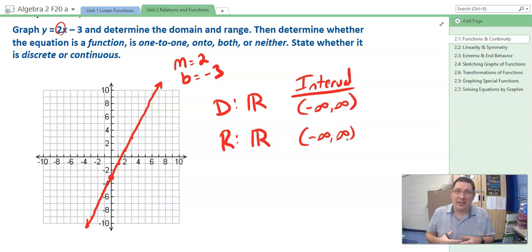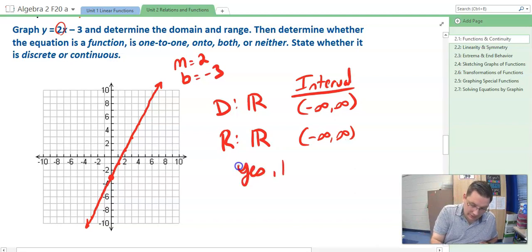Well, does every x have a y, and not have more than one y? Yes, because it's a line, right? So if this were a vertical line, then it's not a function, or if this were like a circle on the graph, it would not be a function. But just a regular old line on the graph is a function, so yes, it is a function.